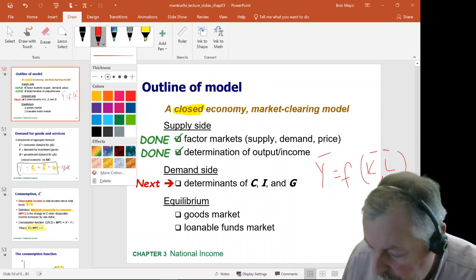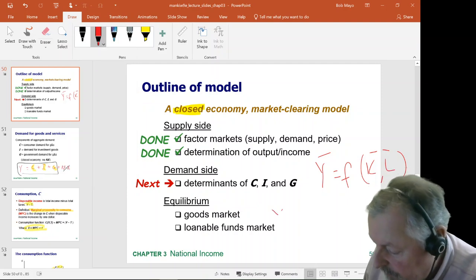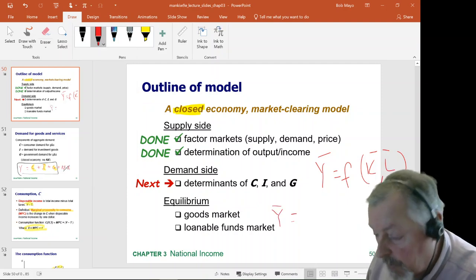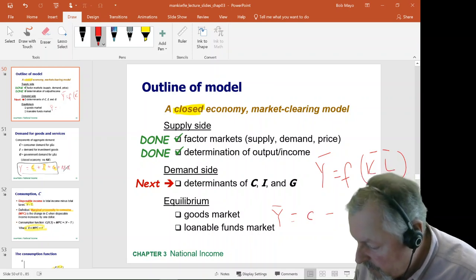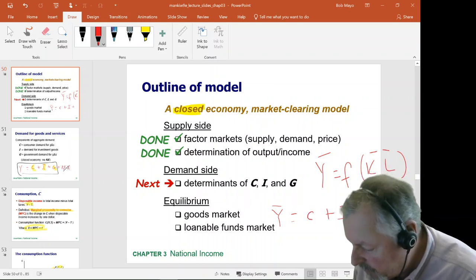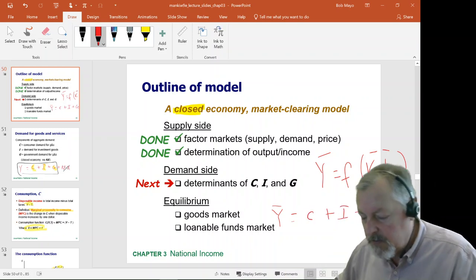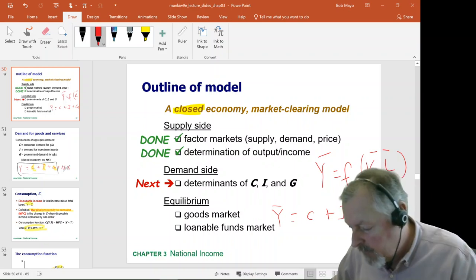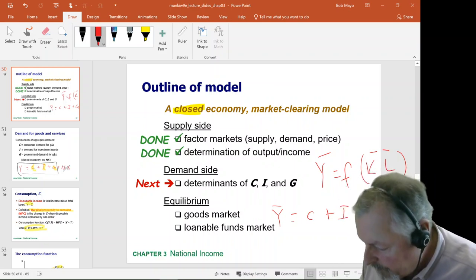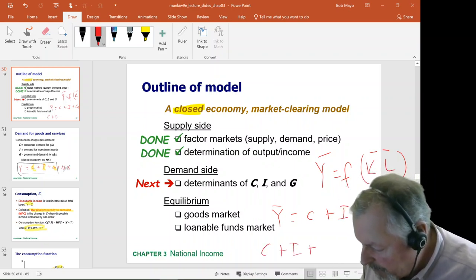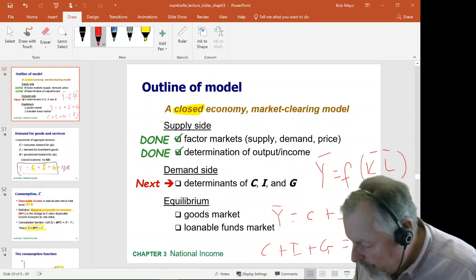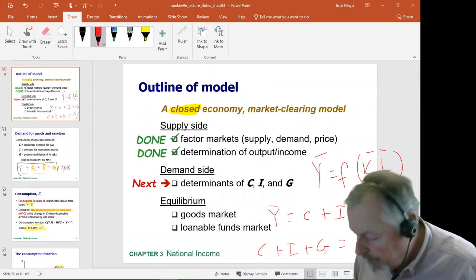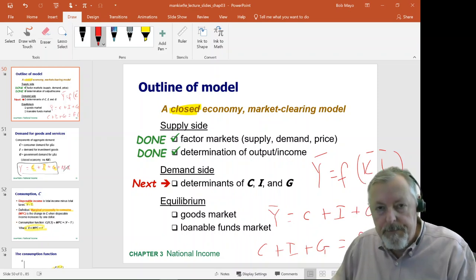Demand is all the spending added up. Total consumption, which is the total value of the economy, is C plus I plus G plus the non-existent NX. Therefore, C plus I plus G must equal total output.